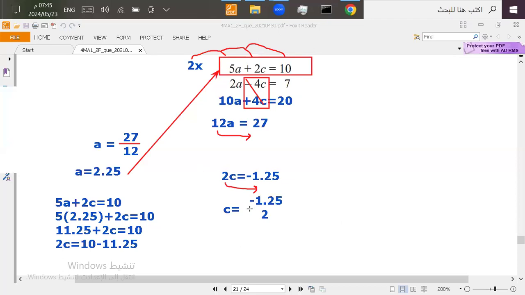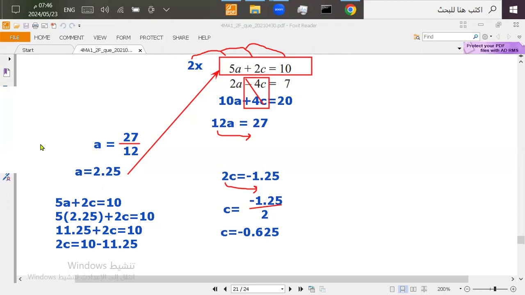Now I'm going to divide these by each other to get the value of c. So c equals negative 1.25 divided by 2, and the final answer is negative 0.625. So we got the final answer.